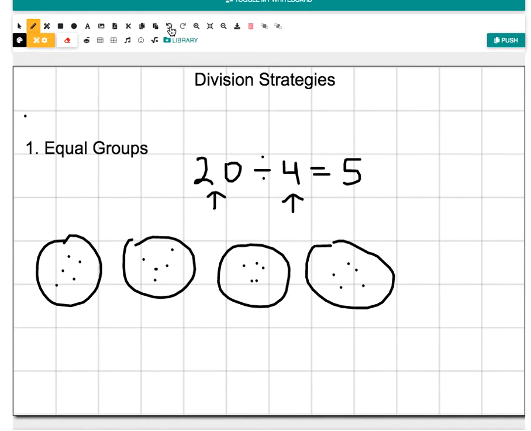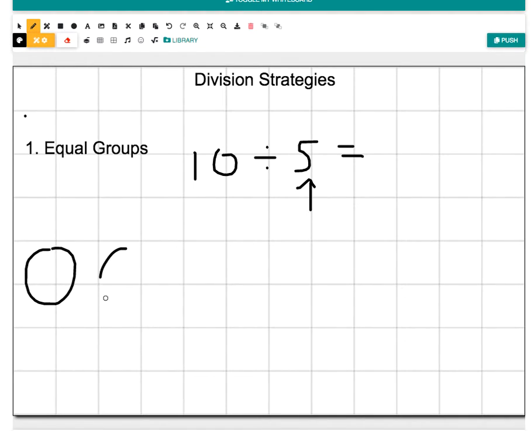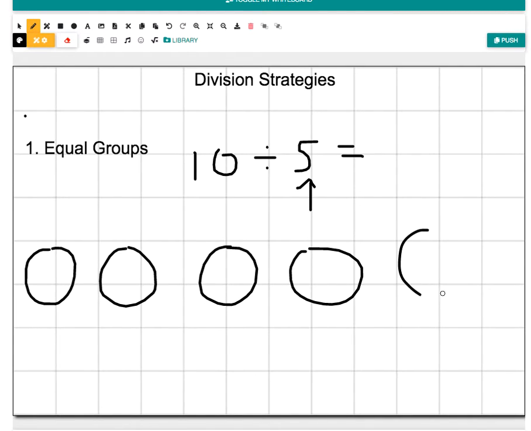Let's go ahead and do one more example together of equal groups. Let's do a simple one: 10 divided by 5 equals. I know my 5 is how many groups I have to draw: 1, 2, 3, 4, 5.